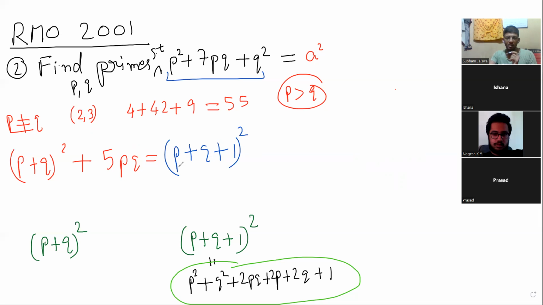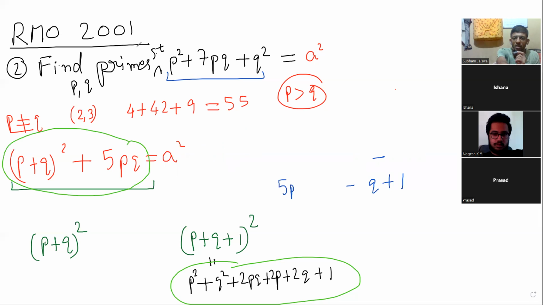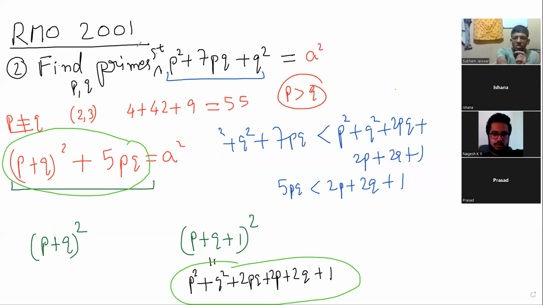We already expanded this and took the difference. So what was the final difference? Maybe we can just look at that and show that this is not a perfect square. The difference was 5PQ minus 2P minus 2Q minus 1.